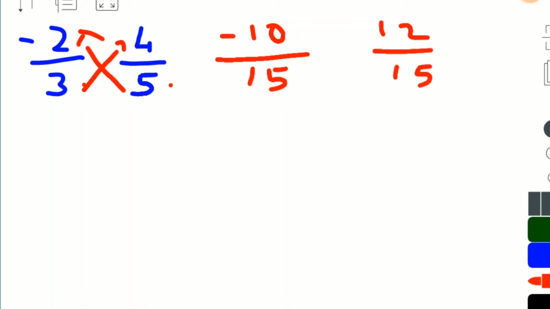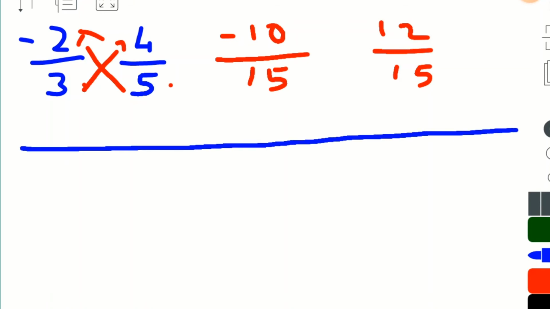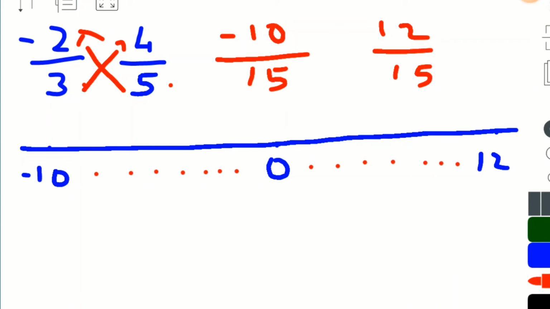Now we will check how many rational numbers are there between this. Minus 10 is there and 12. So we will check in the number line. 0 comes in the middle. Minus 10 will come this side, the left side, and 12 will come the right side. So there are so many numbers between minus 10 and 12.